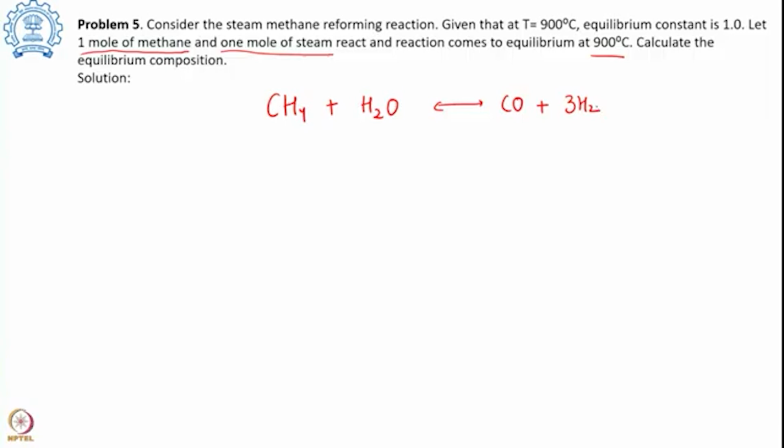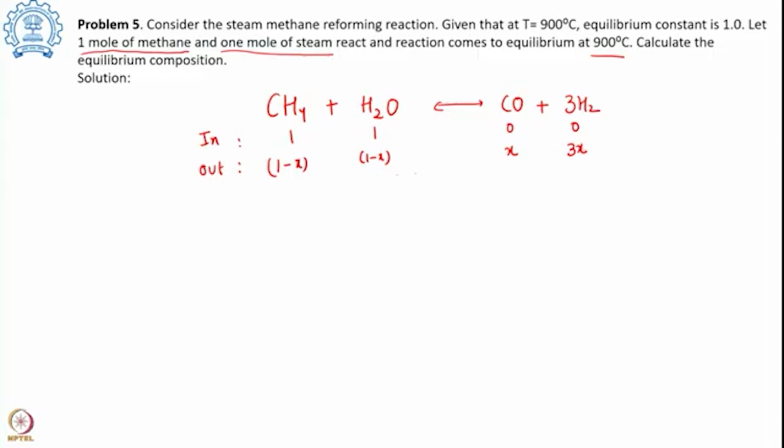Now, we know the steam methane reforming reaction, so if we again write down the in and out species, 1 mole of methane is reacting with 1 mole of steam. At the input side, the products are 0. What remains at the output is 1 minus x and 1 minus x, such that x moles of CO and 3x of hydrogen are formed.